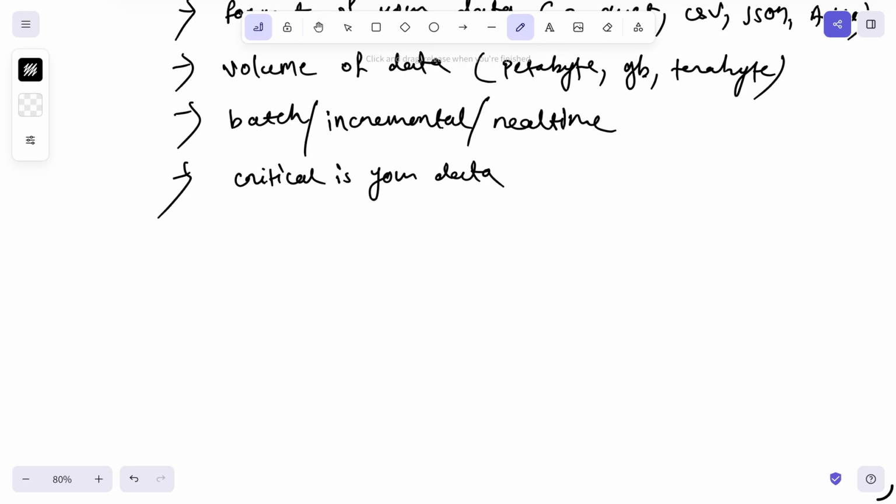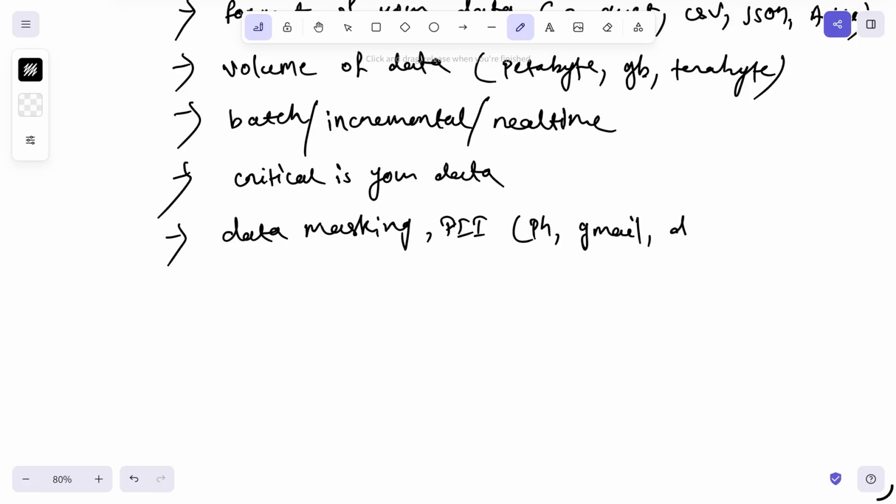And another thing is data masking. Data masking is about personal identity information, like your phone number, Gmail account, or your debit or credit card number.